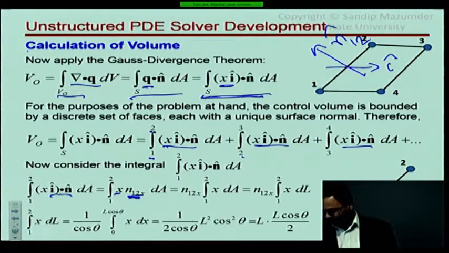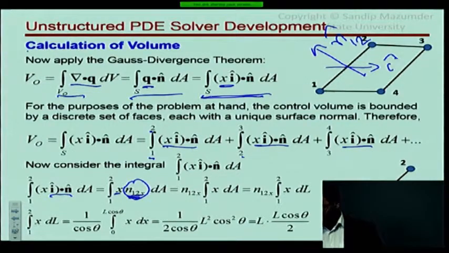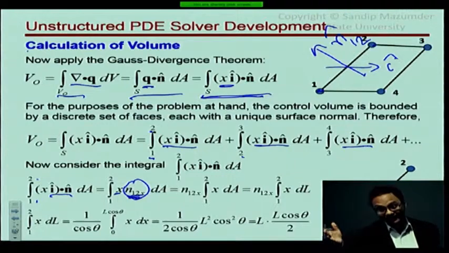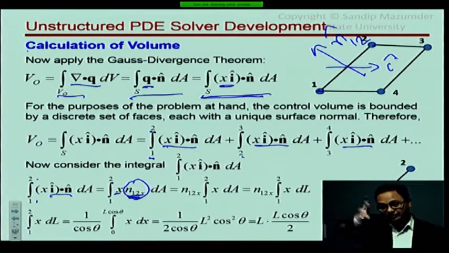So now this n12x, this component of the surface normal, is not changing when I go from 1 to 2. When I go from here to here, the direction of the surface normal is not changing. It's constant, because this is a polygonal control volume that's bounded by discrete straight faces.